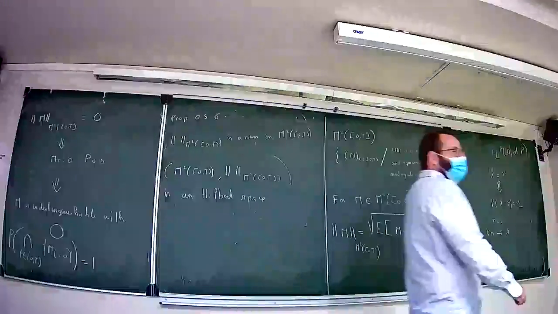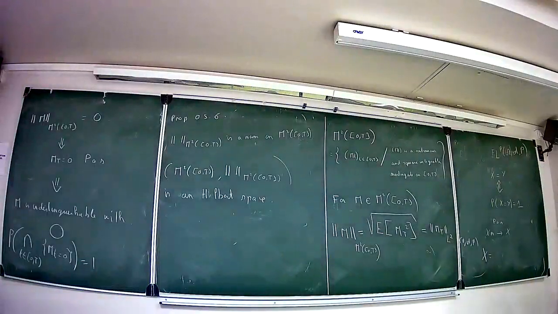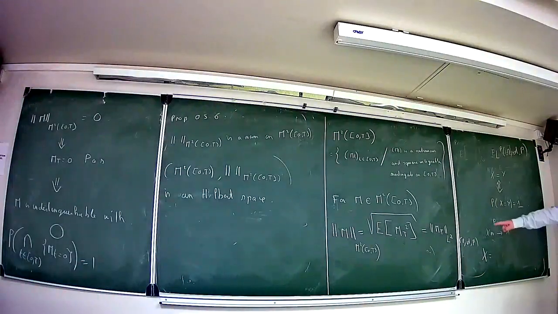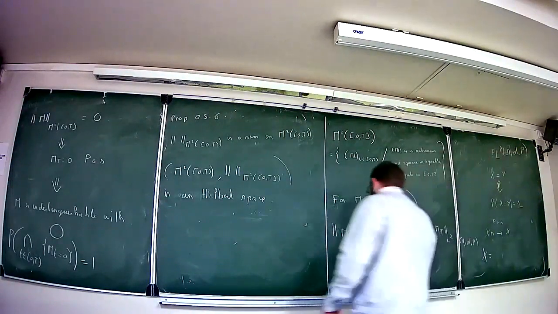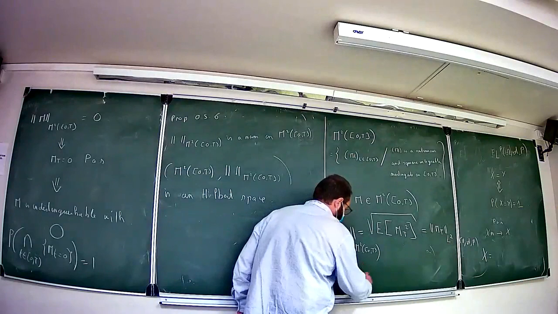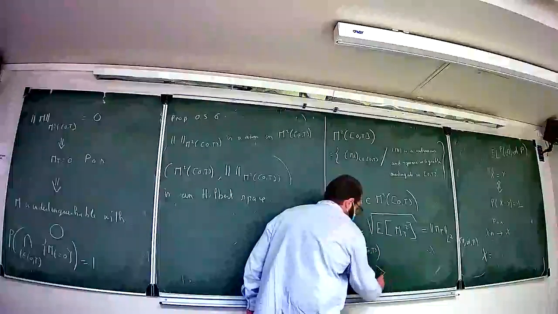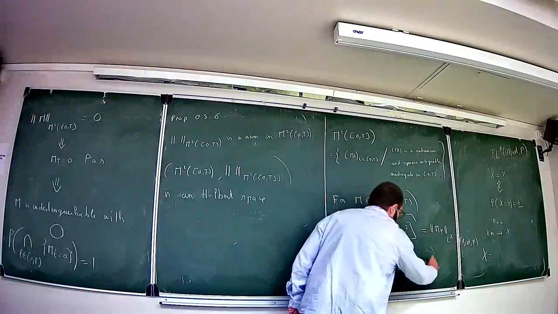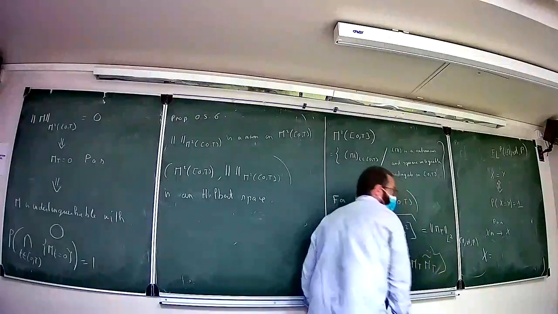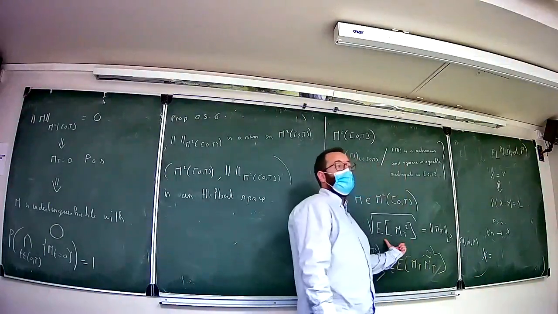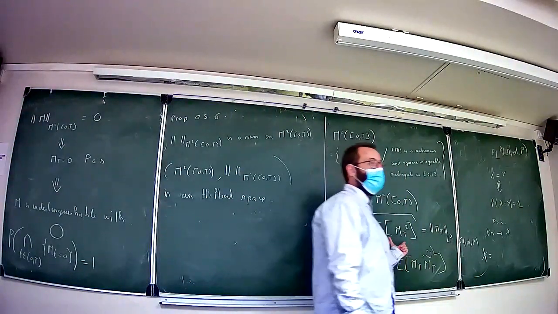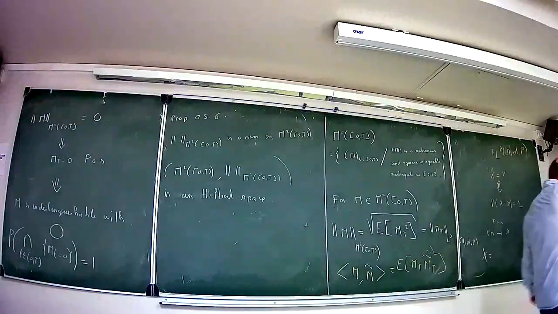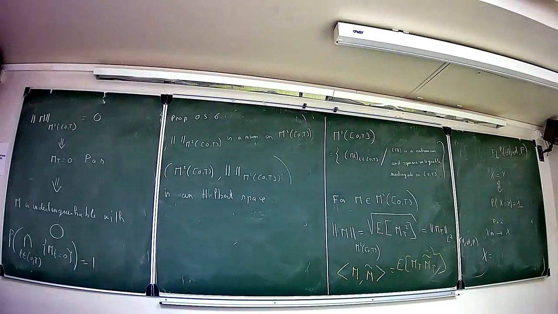Hilbert means that you have a scalar product and that you are complete. The scalar product here is not difficult to find. The scalar product between two martingales will be just the expectation of the product of the final values, because you have here a norm that comes from a bilinear, quadratic form.